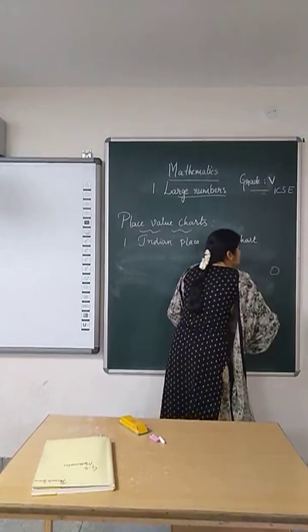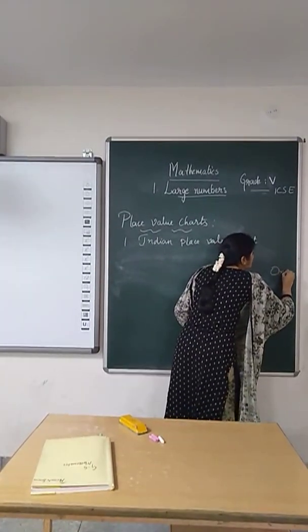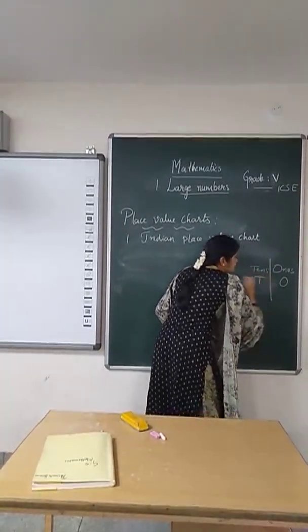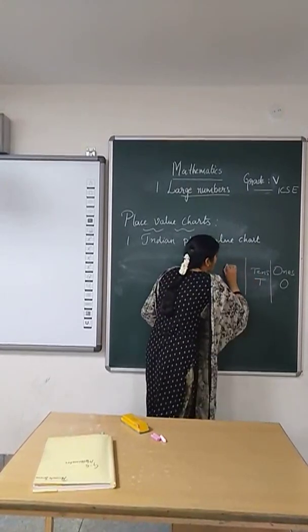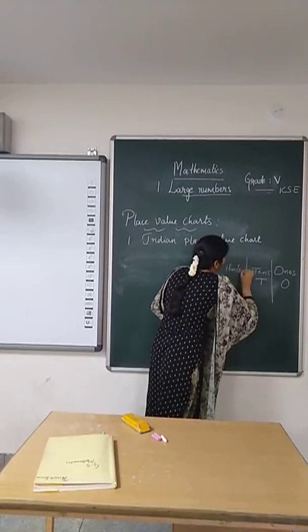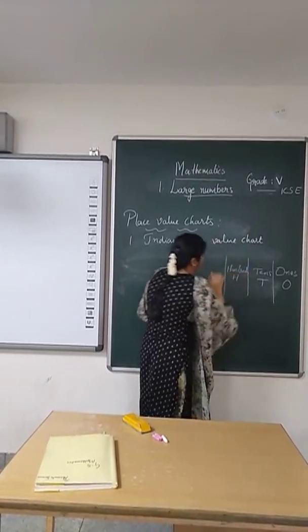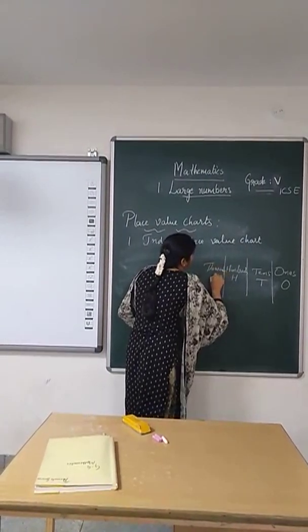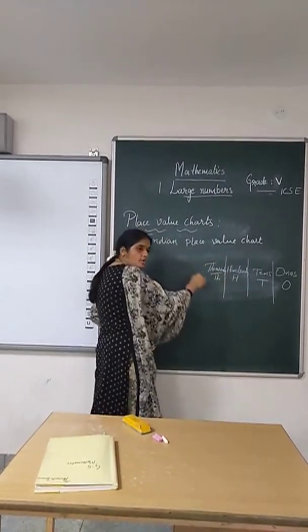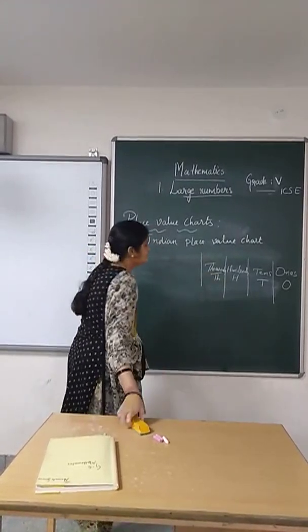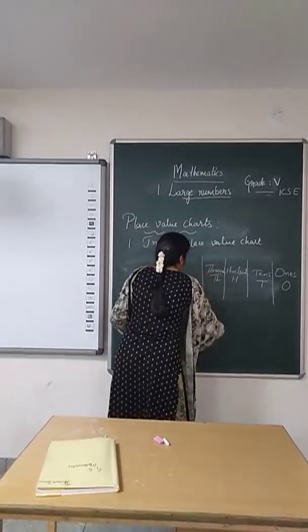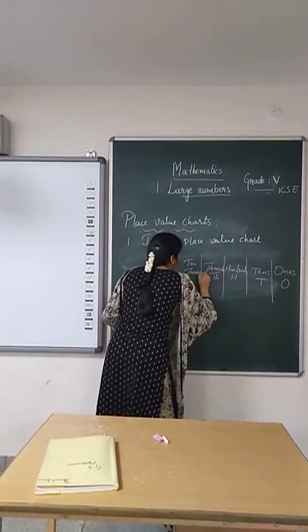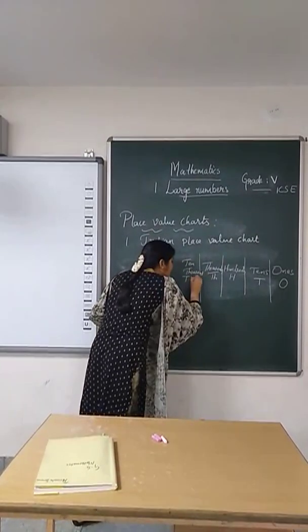Here O stands for ones, T stands for tens, hundreds, thousands, TH, capital T, small h for thousands, and 10,000, capital T and then TH.